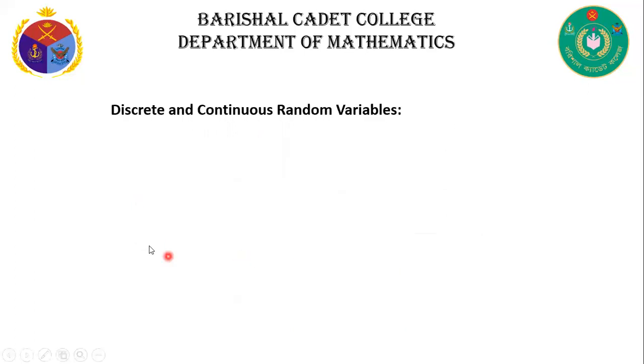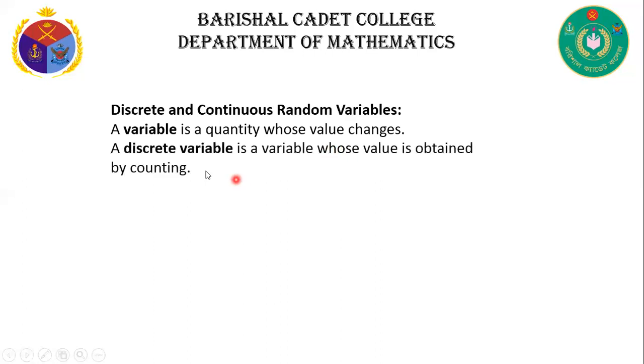Now, discrete and continuous random variables. A variable is a quantity whose value changes. A discrete variable is a variable whose value is obtained by counting. Remember this thing. For example, the number of students present.